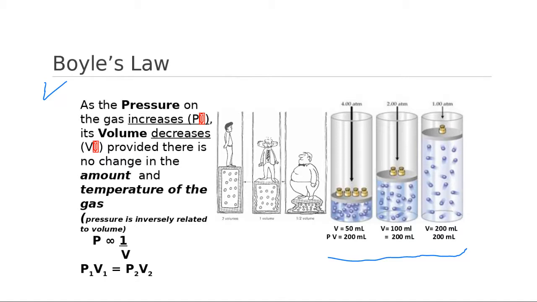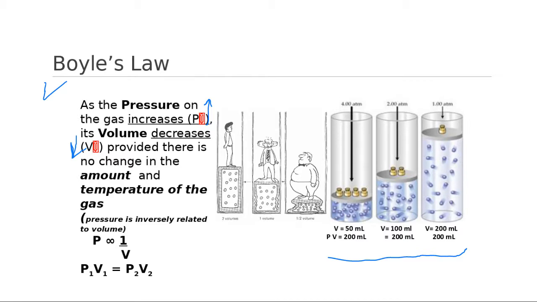As we increase the pressure on the container, the volume starts to decrease. So as the pressure on the gas increases, the volume will decrease, and that's Boyle's law.